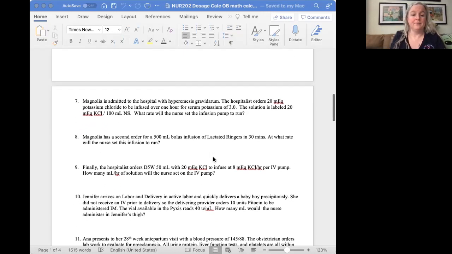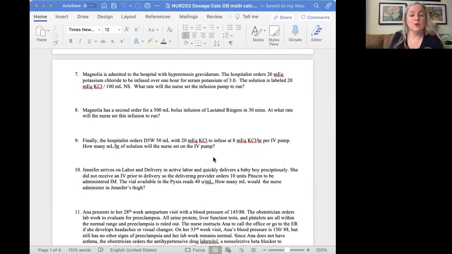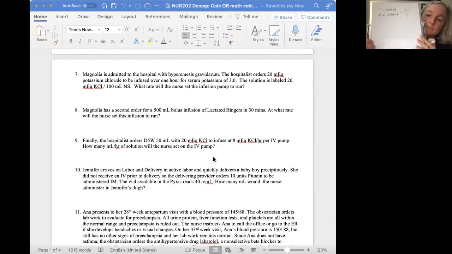Number 8. Magnolia has a second order for a 500 mL bolus infusion of lactated ringers in 30 minutes. What rate will the nurse set the infusion to run? So we're going to do the same setup.